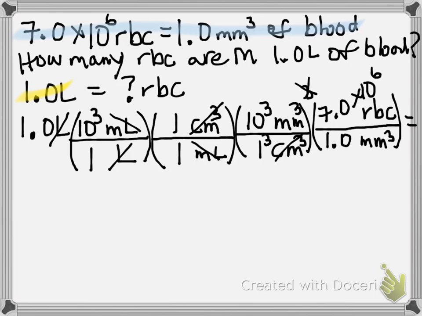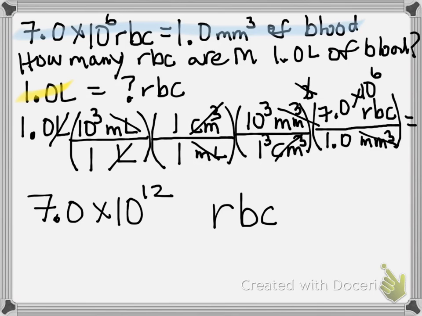So this is one that you need to put into your calculator. You should be putting this in your calculator and making sure that you're able to get the answer of red blood cells, which is 7.0 times 10 to the 12th. Again, 7.0 because I need to have 2 significant figures.